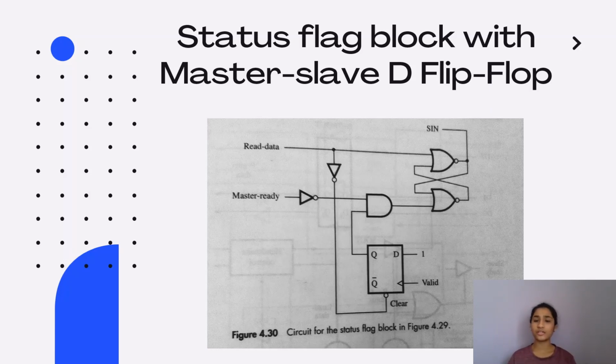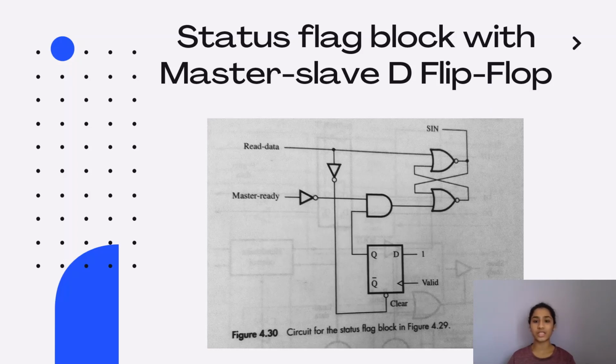Hence, the circuit ensures that SN can be set only while master ready is equal to 0. So both the flip-flop and the latch are reset to 0 when read data is set to 1 to read the data in register.